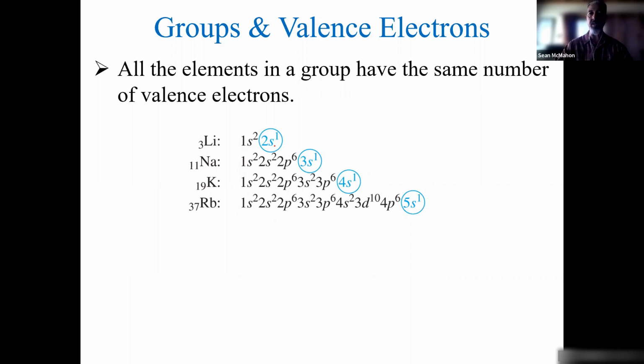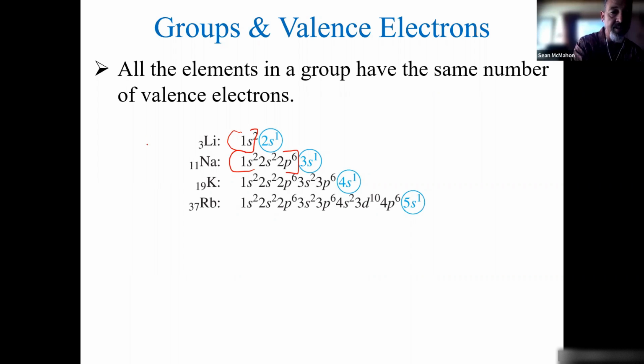So it's a 3s1. But again, the core electrons are not reacting. It's the valence. Lithium and sodium both have one valence electron.